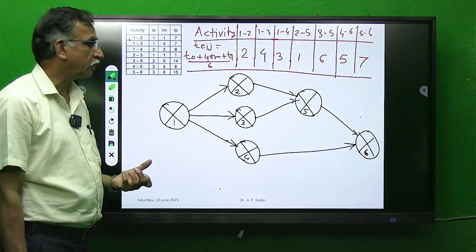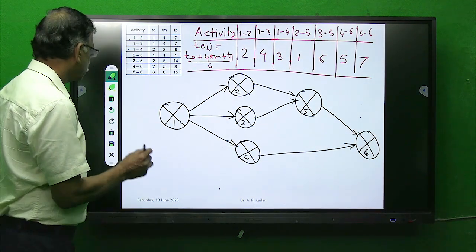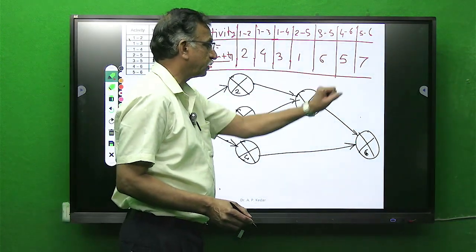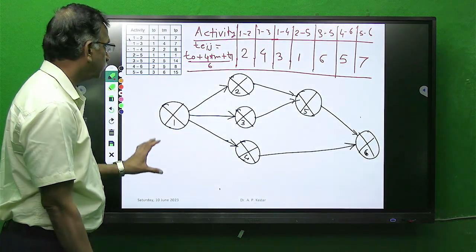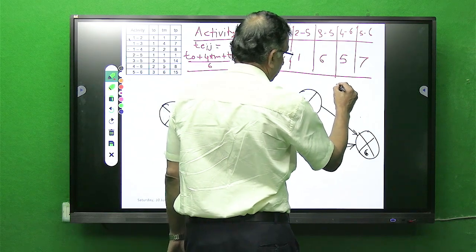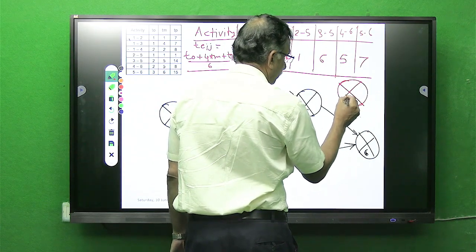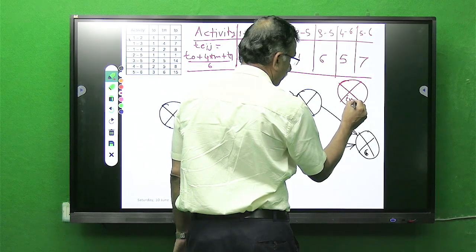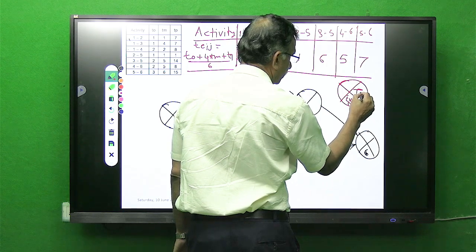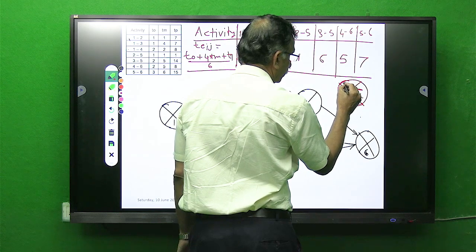Now how will one come to know what you are trying to represent? So for that, at one corner of the network, give your symbolic representation, that my representation is like that. So here it is the event number, here it will be the value of TL, here the value of TE, and here the value of slack.